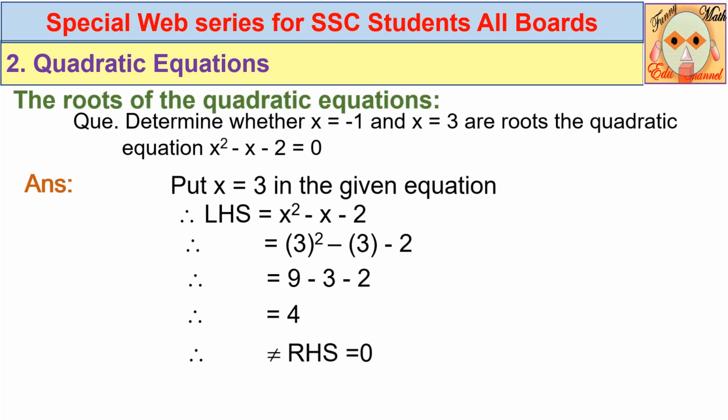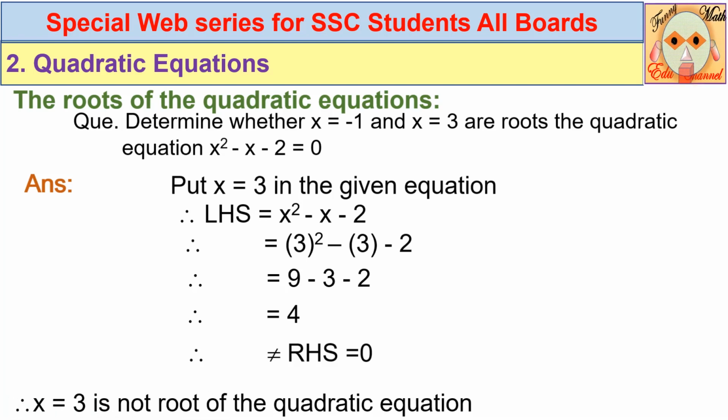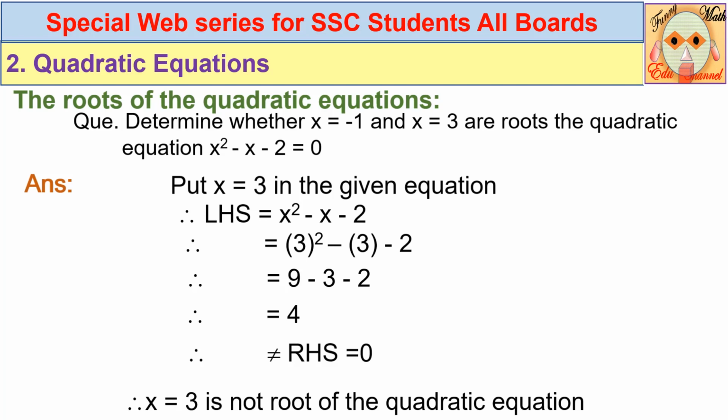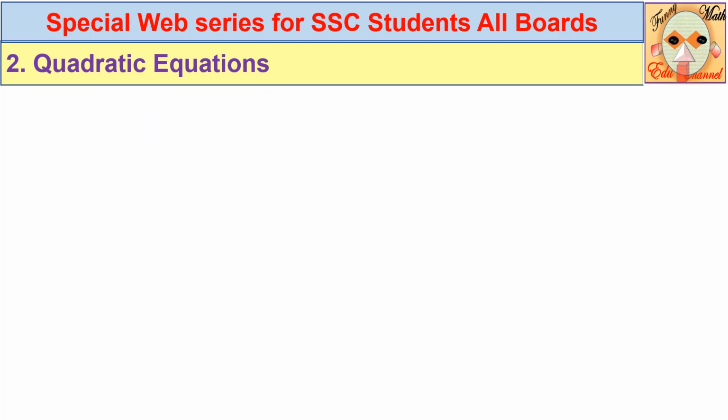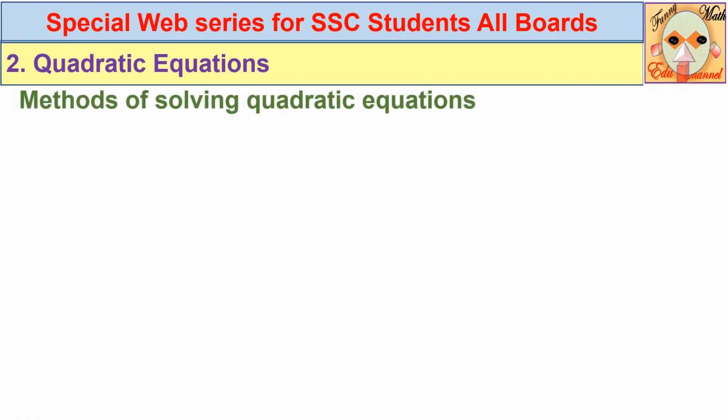So in this way LHS and RHS are not equal. Therefore we conclude that x is equal to 3 is not a root of the quadratic equation. It means we verified this is not a root because LHS and RHS are not equal. In this way we have seen whether it is a root.